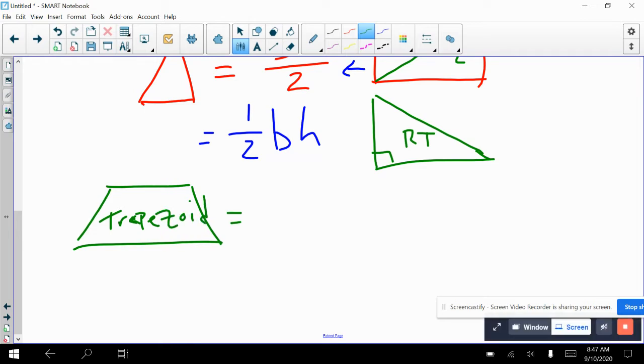Trapezoid, anybody know? The height, base 1 plus base 2 divided by 2.